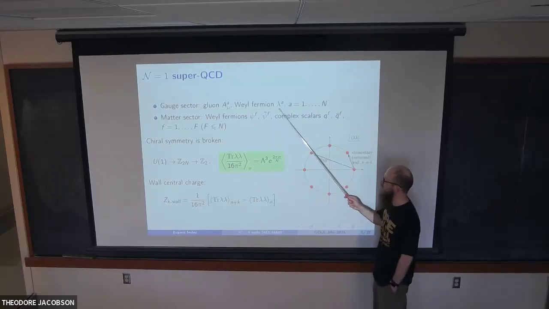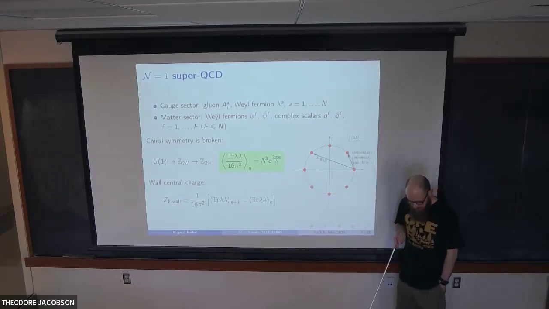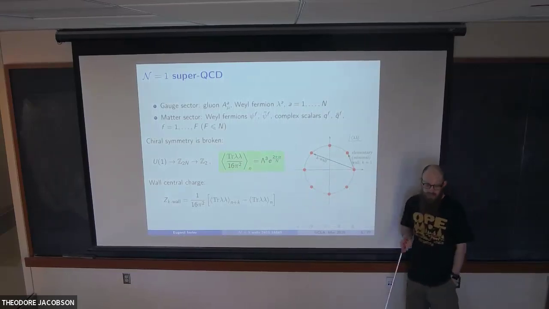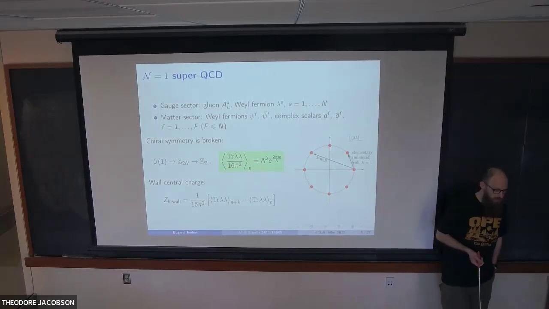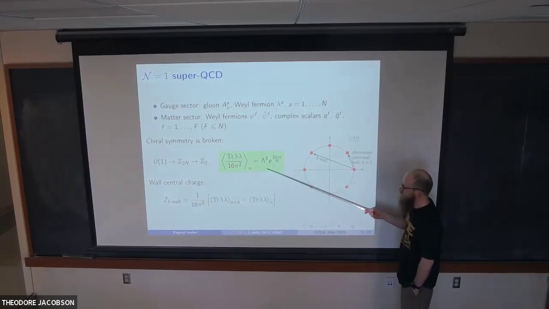So you have a bilinear fermion condensate, the lambda-lambda condensate. And again, in this supersymmetric setup, this condensate can actually be computed exactly, and this formula has been checked recently by lattice computations, and is given by Lambda cubed.